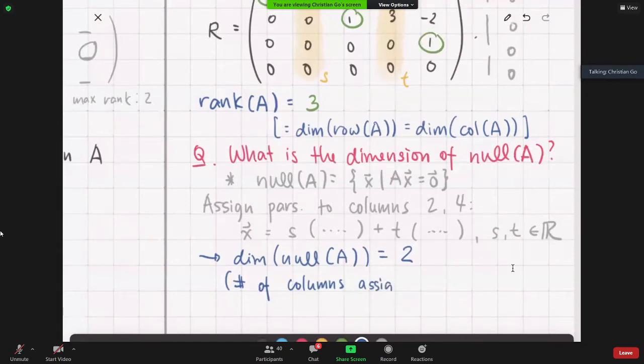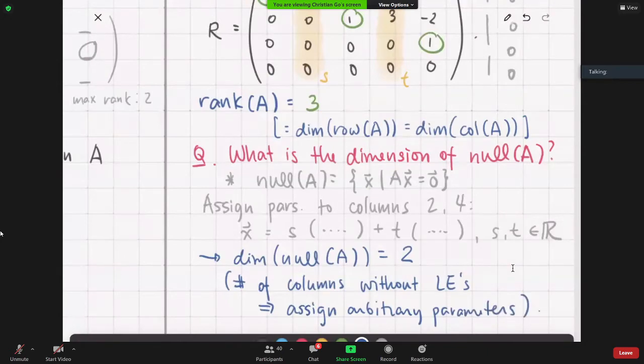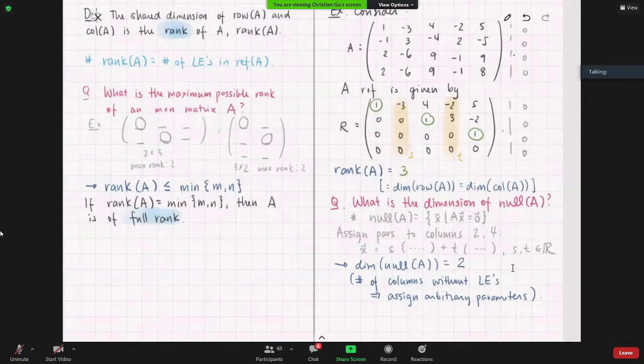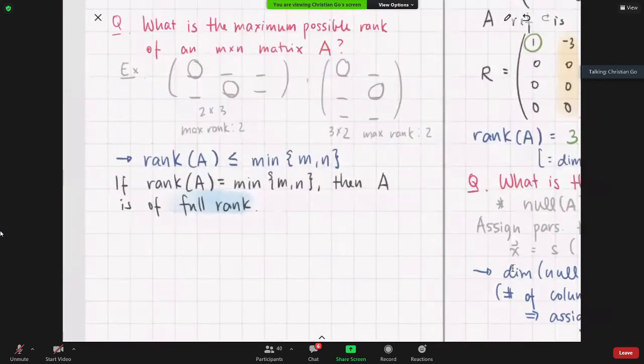Assign parameters, columns without leading entries, let's say. And what that means is this is where we assign arbitrary parameters. Right? So I'm just going to give that a name, just a new name, the dimension of the null space.